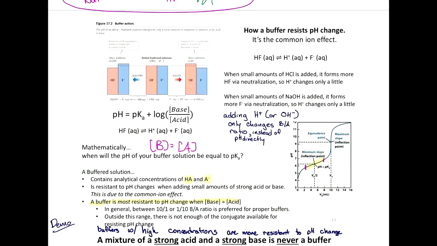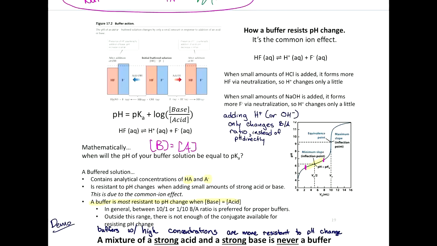We still use the Henderson-Hasselbalch equation, but in general, the best ratio for a buffer is between 1 and 10 for your base to acid ratio. So between either a 10 to 1 or 1 to 10 ratio. That's what we're looking for. If I have like 1 unit of acid and 20 units of base, that's outside the optimal buffer region.